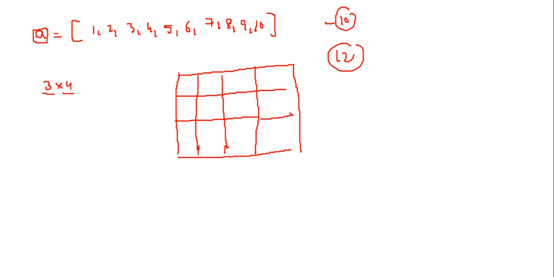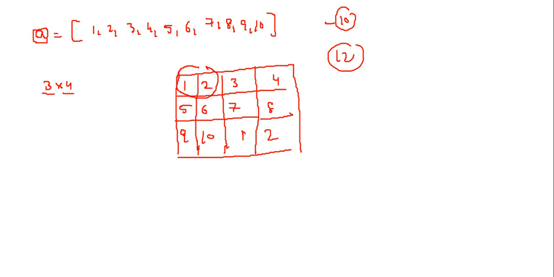First, resize won't give you any error. Initially it fills with the given elements 1, 2, 3, 4, 5, 6, 7, 8, 9, 10. Still you require 2 more elements. Now it fills the remaining elements with the repeated elements from the given array. So here this 1 and 2 will be filled.